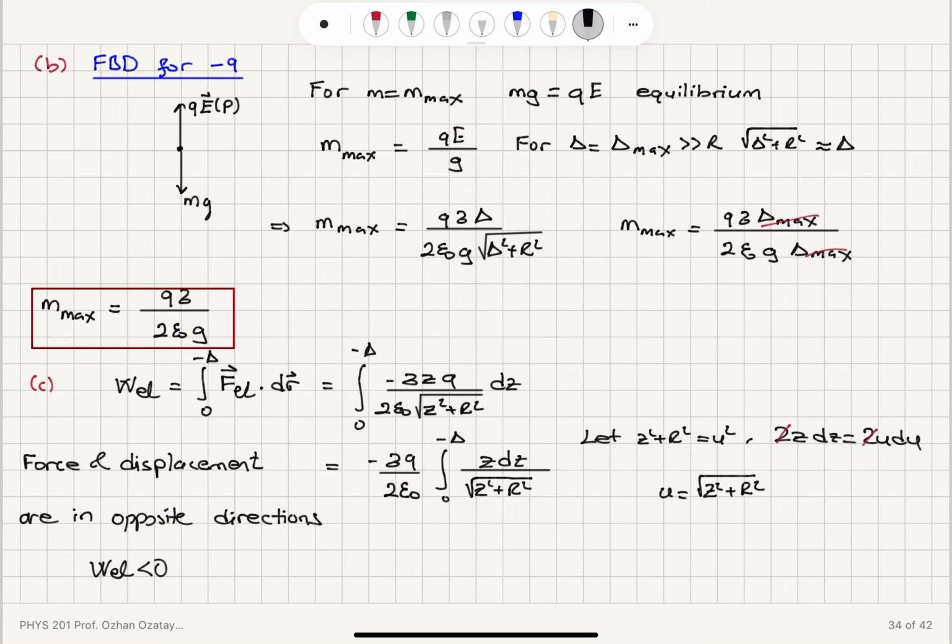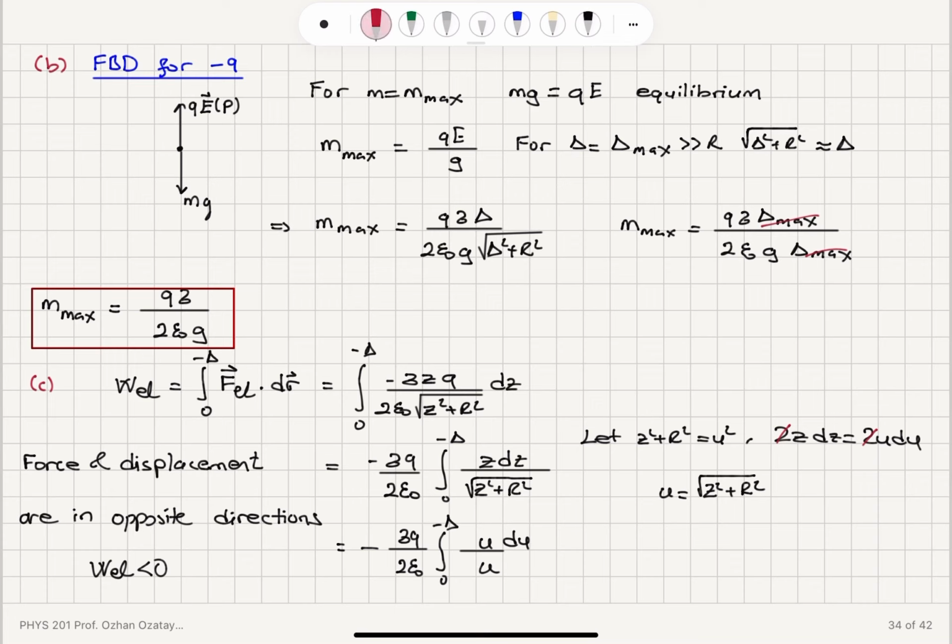So this gives us minus sigma q over 2 epsilon 0 times the integral from 0 to minus delta of u du divided by u.